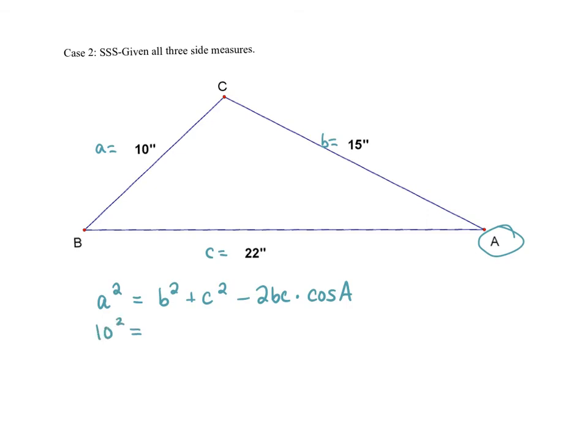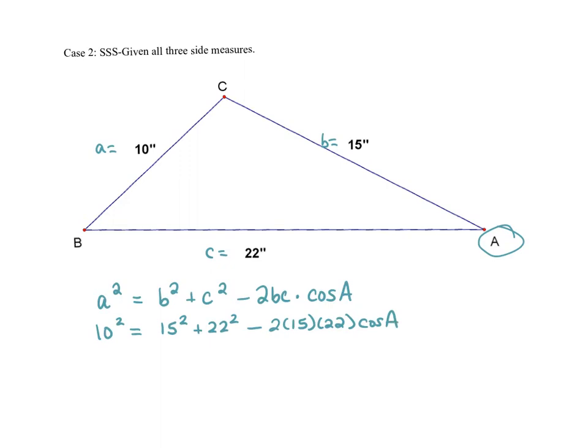So 10 squared equals 15 squared plus 22 squared minus 2bc, so that's 2 times 15 times 22 cosine A.